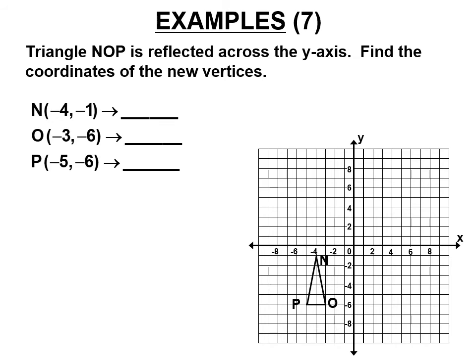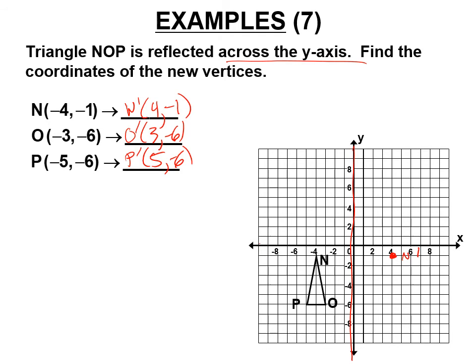Let's do one more of these. We're reflecting across the y-axis, so the x-coordinate will become the opposite. The y-coordinate stays the same. And don't start changing both of them. And we can see this. We're going across the y-axis, and N is going to (4, -1).